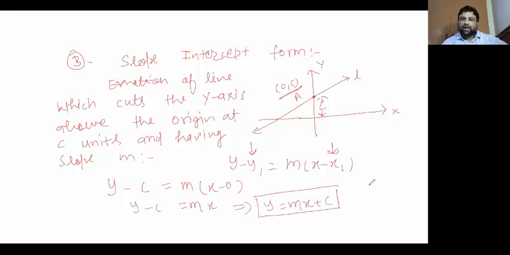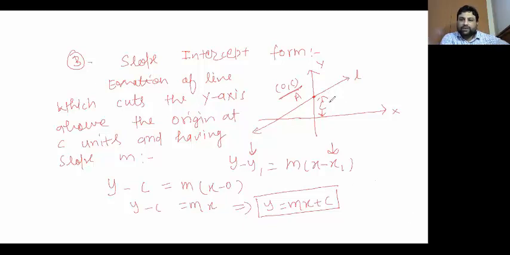Clear? Actually this formula we have to keep in mind, but sometimes in questions they give the intersection of the line with the x-axis. So in this type of problem we can also derive the formula.